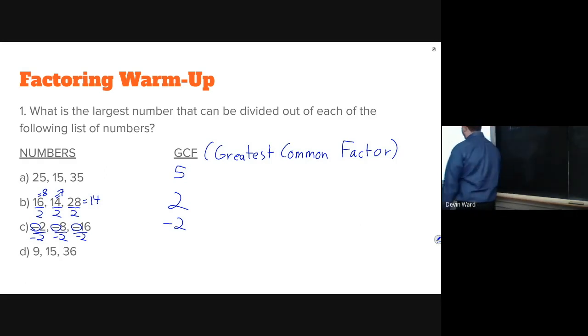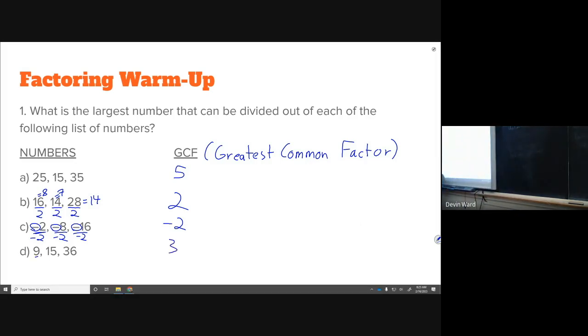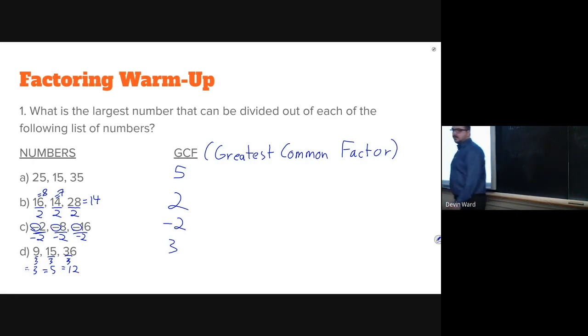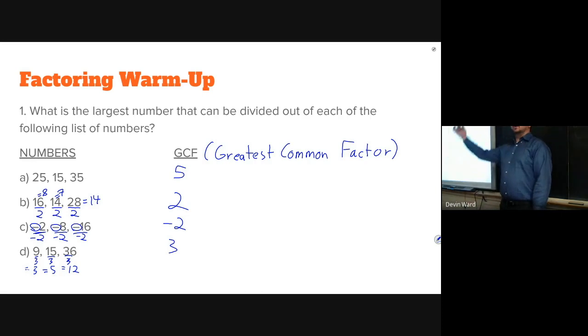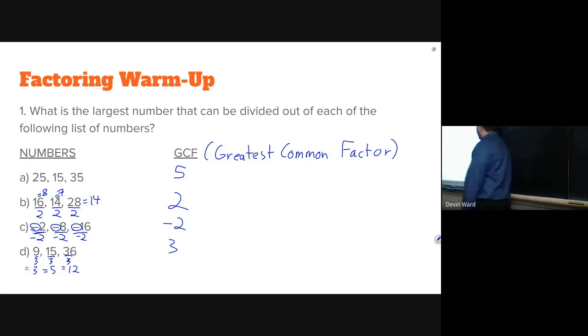And our last one, 9, 15, and 36. 3, perfect. Because we divide by 3: 9 divided by 3 gives 3, 15 divided by 3 gives 5, and 36 divided by 3 gives 12. Sometimes you might have to try a couple of different ones before you find the one that works.